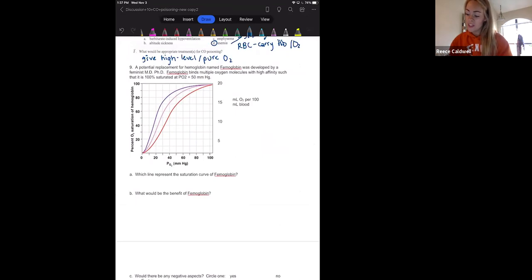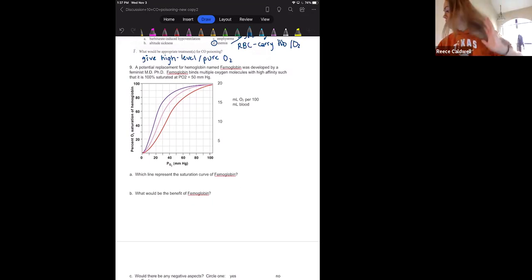And what hemoglobin does is it binds multiple oxygen molecules with a high affinity such that 100% will be saturated at 50 millimeters of mercury. So overall, we just have this super high affinity for oxygen at our hemoglobin.